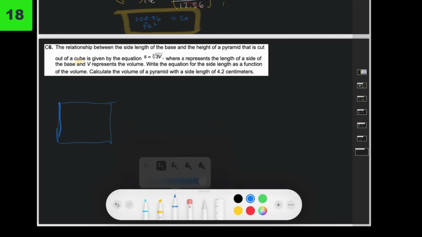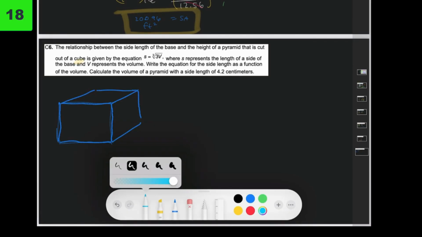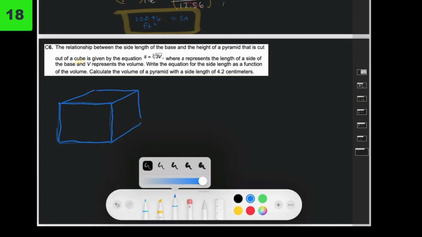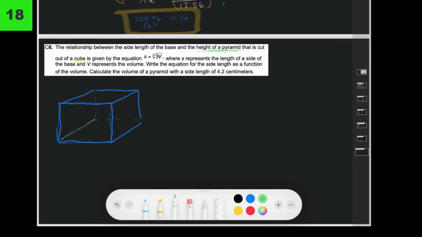Then they're saying I know what this one is. Okay, so then a pyramid, they didn't tell us, but I think they call this a rectangular based pyramid.